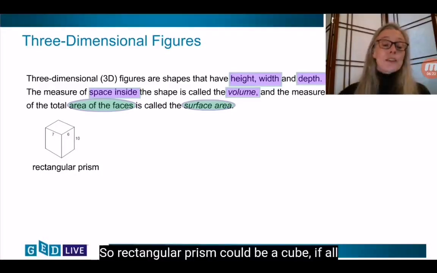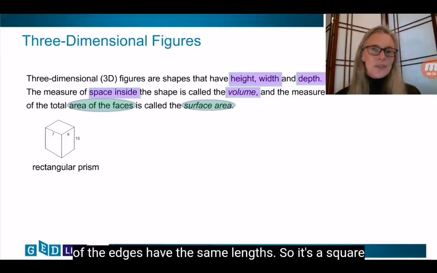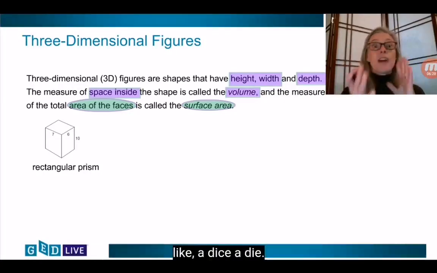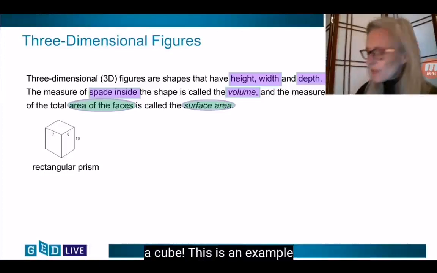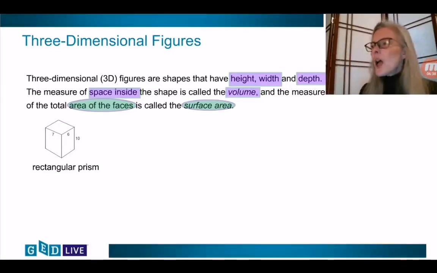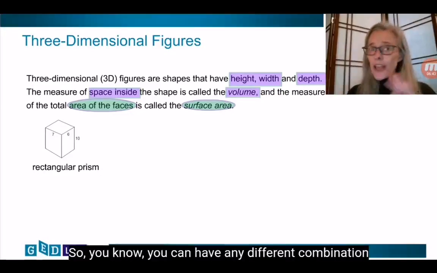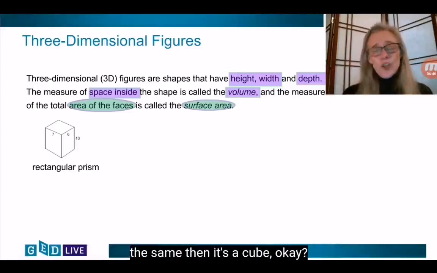So a rectangular prism could be a cube if all of the edges have the same length. So it's a square, like a die, I guess I should say, a die is a cube. This is an example of a rectangular prism. And you can have any different combination of side lengths, but if all of those edges are the same, then it's a cube.